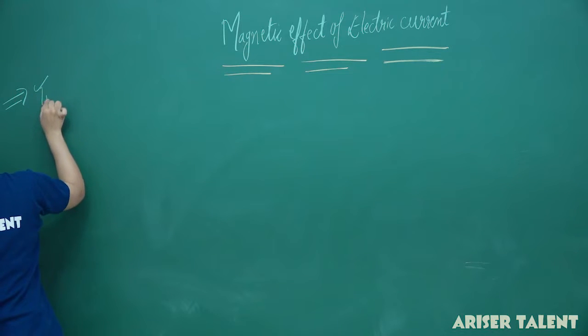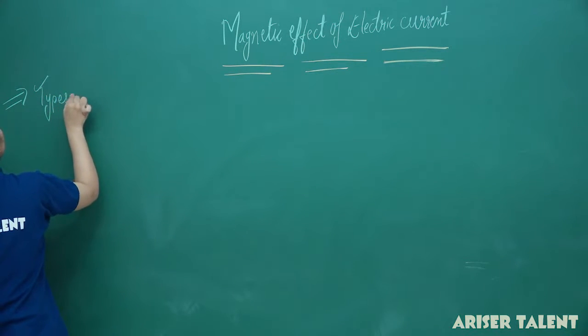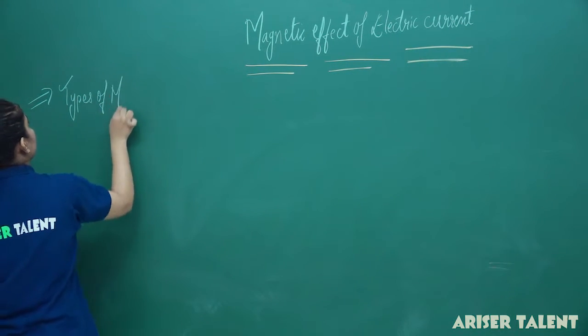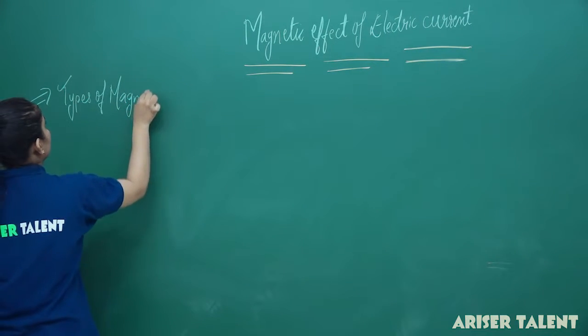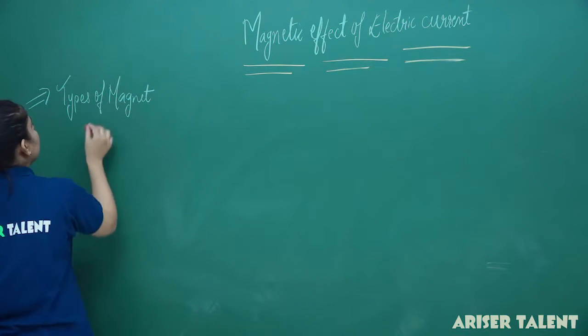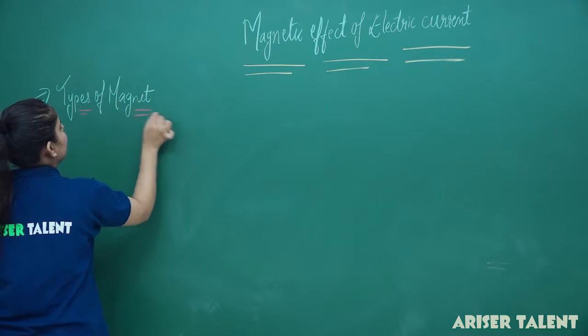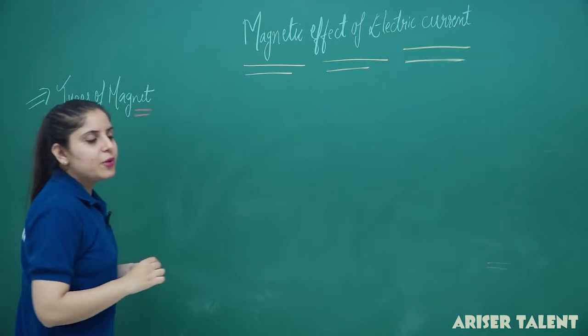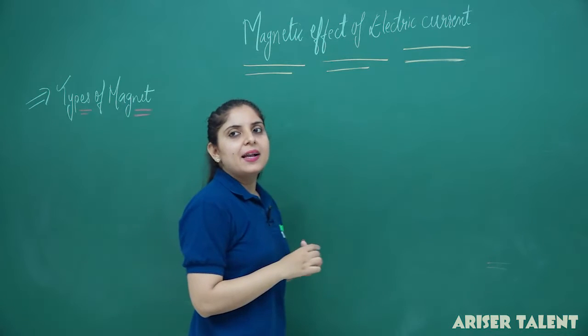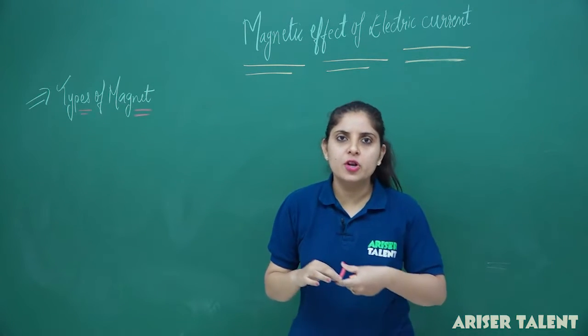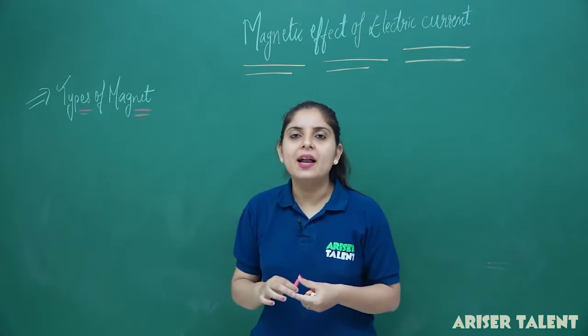So our next topic will be about types of magnet. Now, magnets are actually classified into two categories, that is the natural magnet and the artificial magnet. Now, what is natural magnet and artificial magnet?